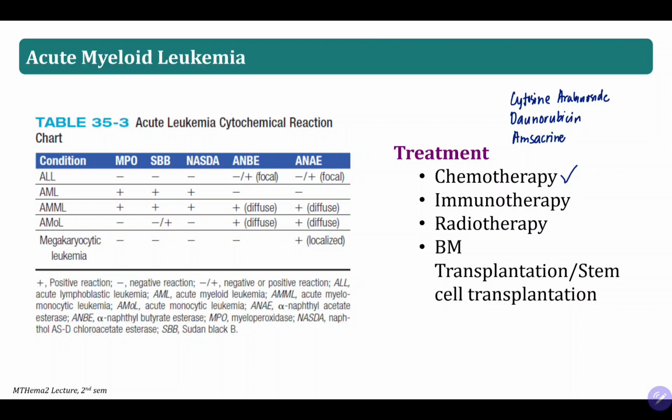Okay? This is also a myelosuppressive agent used as a chemotherapeutic drug for the treatment of AML. Okay? And then other treatment that may also be used aside from chemotherapy are your immunotherapy, radiotherapy, and your bone marrow transplantation or stem cell transplantation.